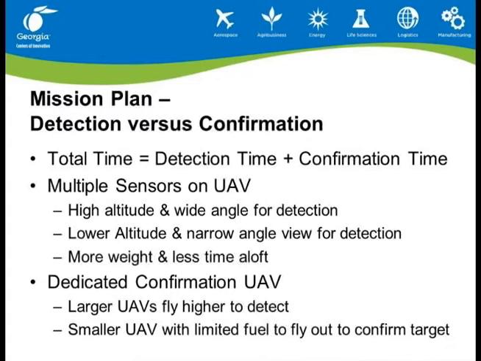A UAV designed only to fly out, look at that spot, confirm if it's the scout or not, and then come back to base. That UAV could be very small, doesn't have to have a lot of endurance because you're not searching the whole area, you're just flying out to a specific point that's been identified. So you can have limited fuel, it's lower weight, lower cost, and you can very quickly confirm what's going on there. But you may have to have another flight crew to do that.